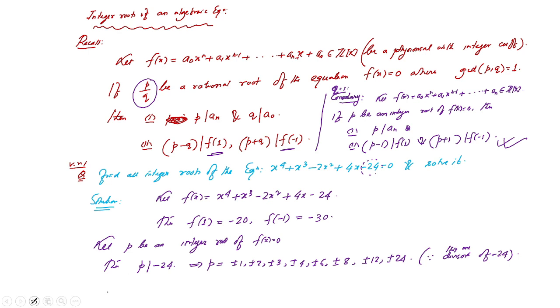Now since f(1) is minus 20, that is non-zero, and f(-1) is minus 30, this is also non-zero, it follows that p is not equal to plus minus 1, because for an integer root, f(p) must be 0.